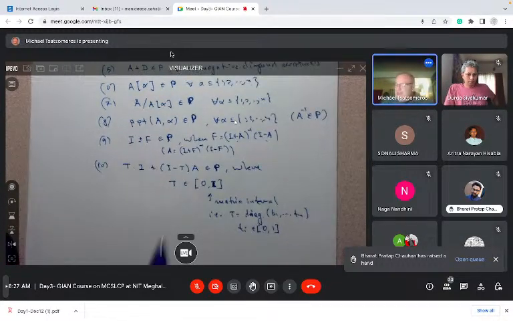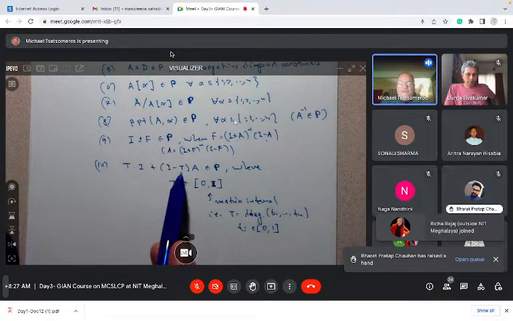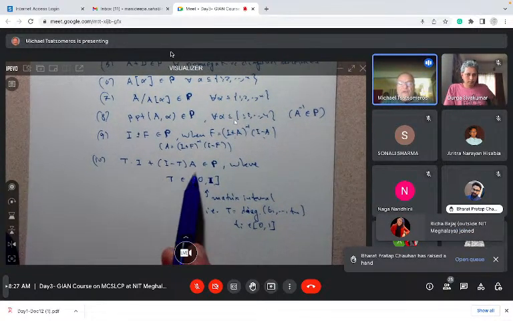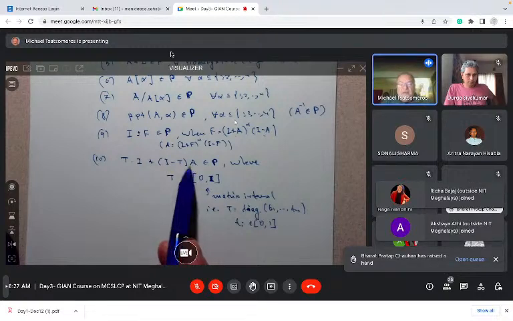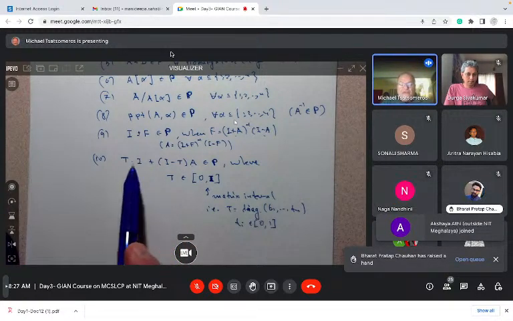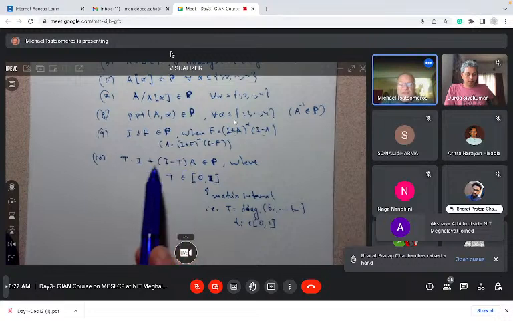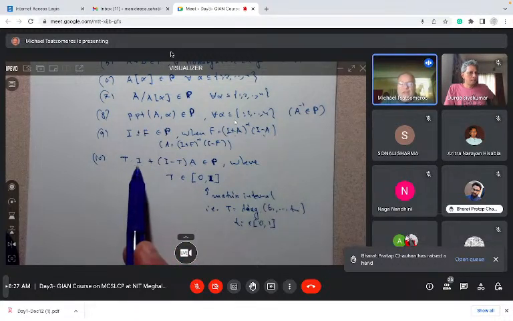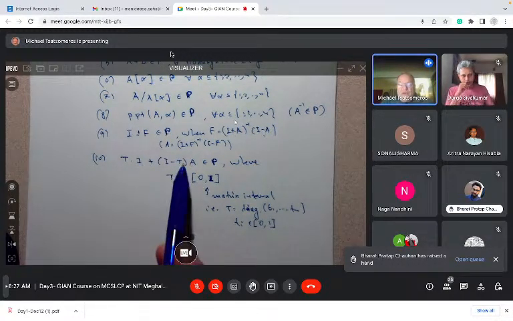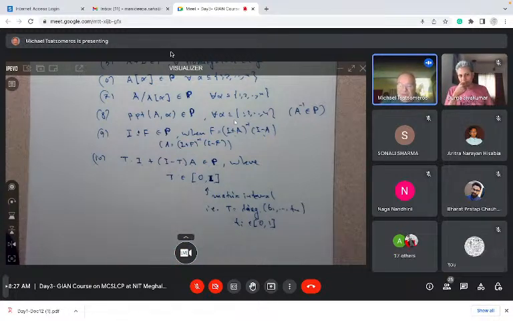So this here represents a convex combination of the rows of A and the rows of the identity. So if you create a matrix whose rows are convex combinations of the rows of the identity and the rows of A, it remains a P matrix.